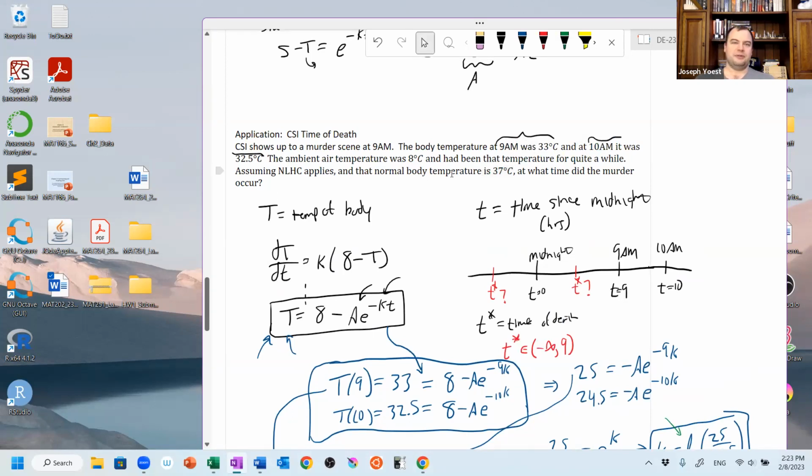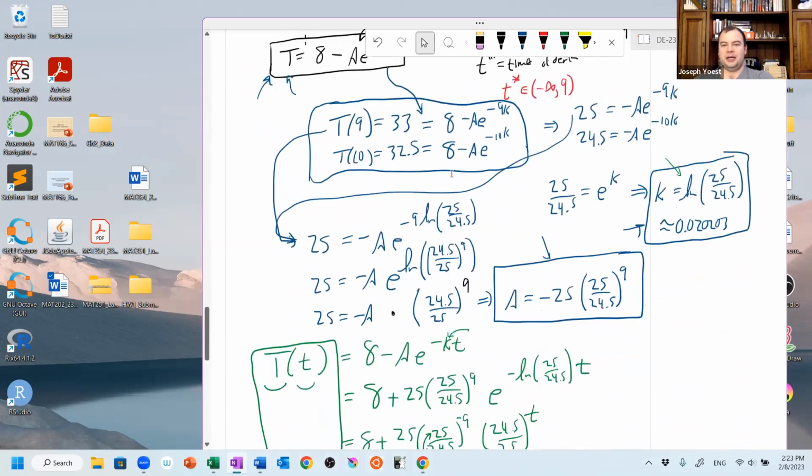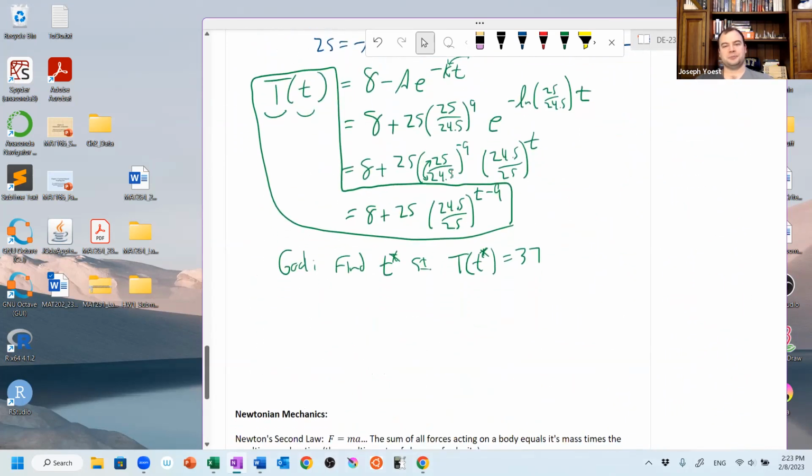When the person was alive, they're maintaining their body temperature. When they die, they stop maintaining it, and then just kind of follow Newton's law of heating and cooling. That's the assumption. Is it a perfect assumption or not? That would certainly be up for debate between forensic scientists. But we're making that assumption here.